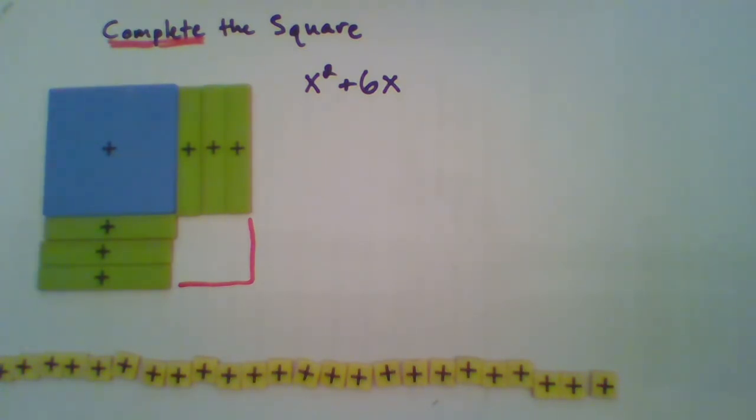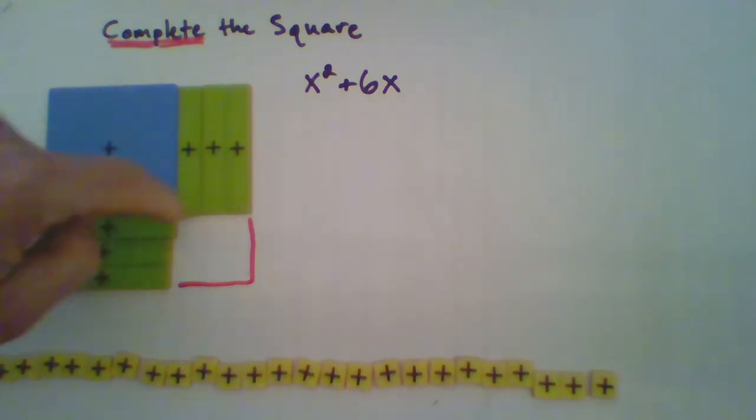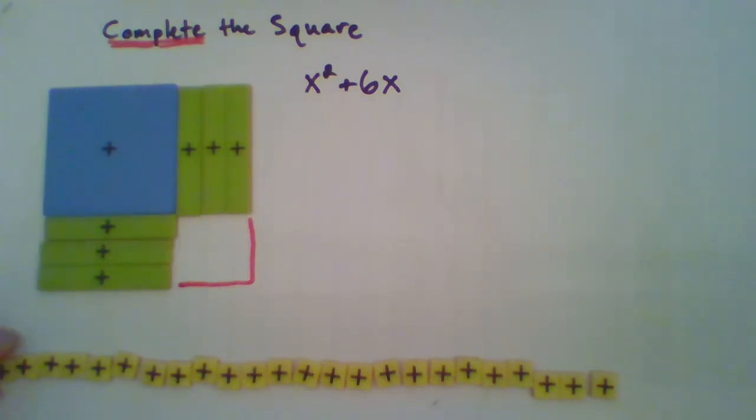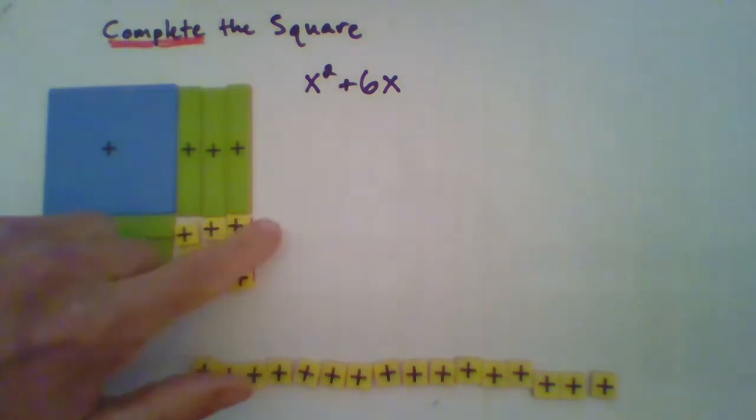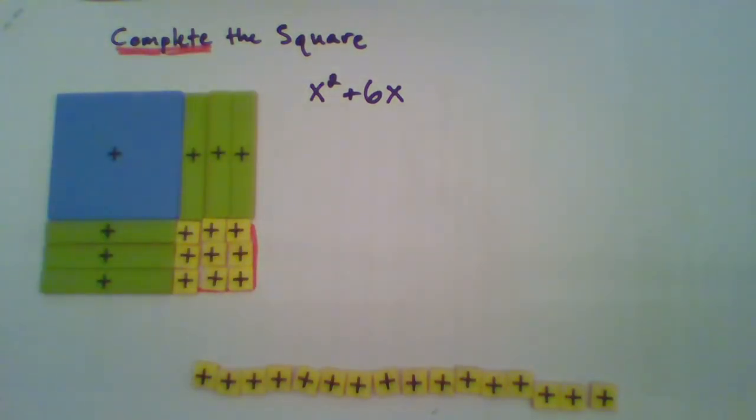And the way that we can do that is by adding in some of these yellow tiles. So this is a width of 3 here, and this is a width of 3 here, so that means we need 3 times 3. We need 9. So 9 of those tiles we have.